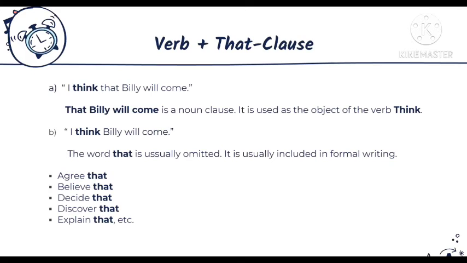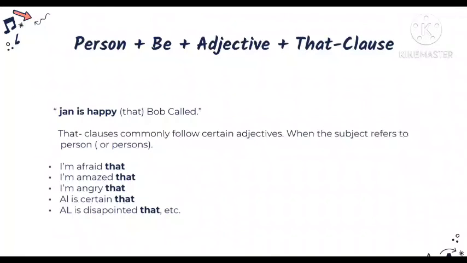Let's see the list below. Verbs commonly followed by a that clause: agree that, believe that, decide that, discover that, explain that, and etc. Next, the subject plus be plus adjective plus that clause.